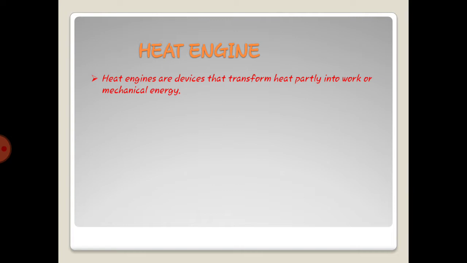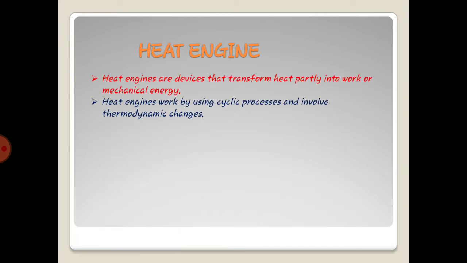So heat engines are devices that transform heat partly into work or mechanical energy, and they work by using cyclic processes. That's the main part of the heat engine; it involves all the changes by using cyclic processes only.